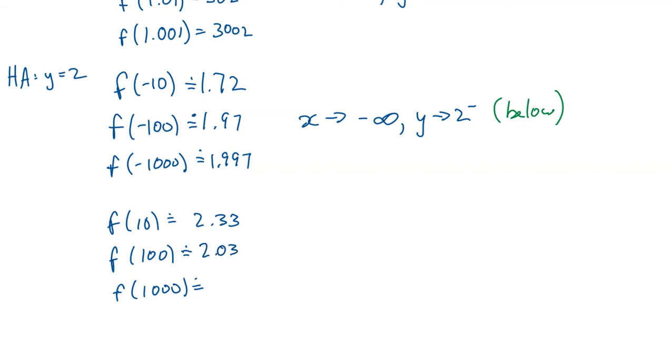Okay, we're getting closer. 2.003. Okay, we're getting very close. As x goes to positive infinity, y approaches 2 from above or below? Above. Thank you. Because those are bigger than 2, but very close to 2.